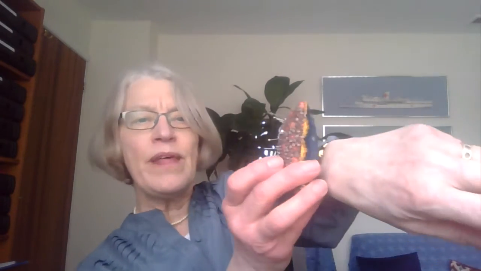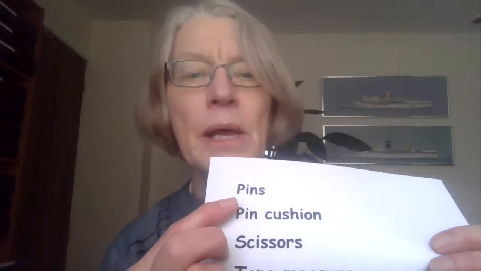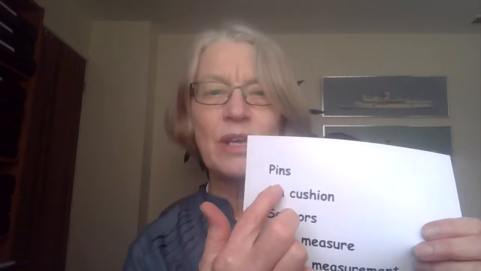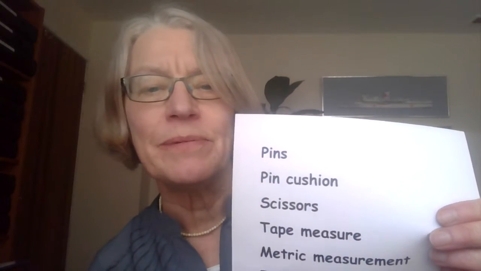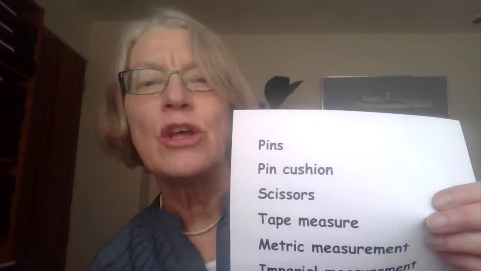And it's the same shape as the sort of cushion that we have on a chair, but it's much smaller. Sometimes people wear them on their wrist when they're sewing, and they have a band round them. So that is a pin, and that is a pin cushion. Here are the words. Pin, or pins if we have more than one, and pin cushion.